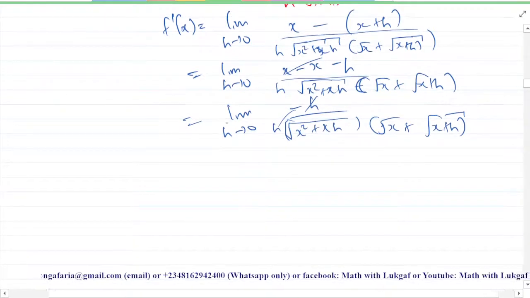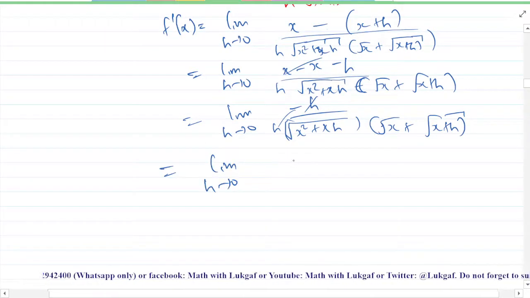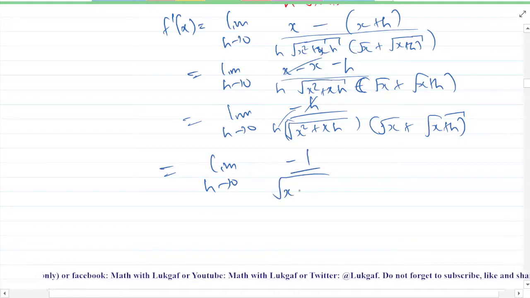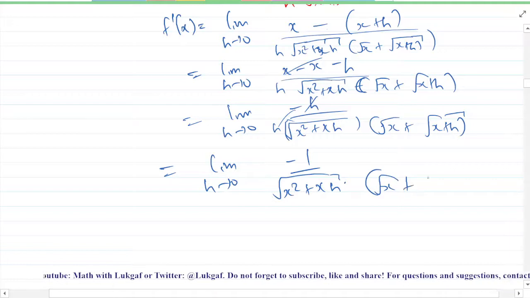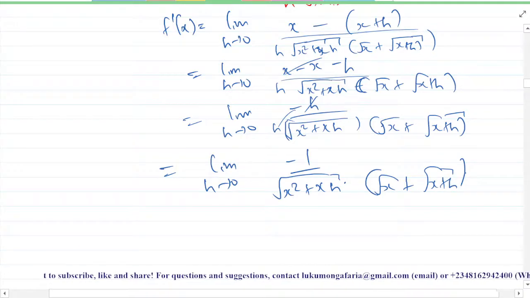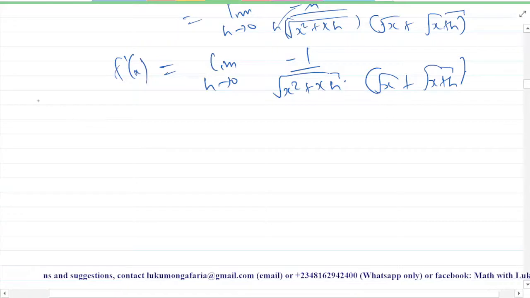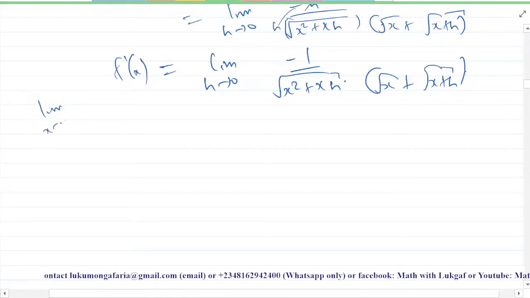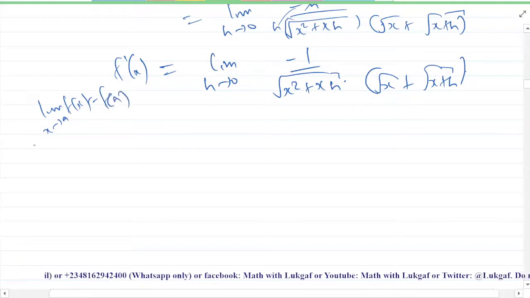Is that not so? Then I have what's left, limit as h tends to 0, minus 1 divided by root x squared plus xh multiplied by root x plus root x plus h. So I think we are safe to take our limits now. If you now take your limit, recall when you say if your limit as x tends to a of f of x, then it is what? f of a.